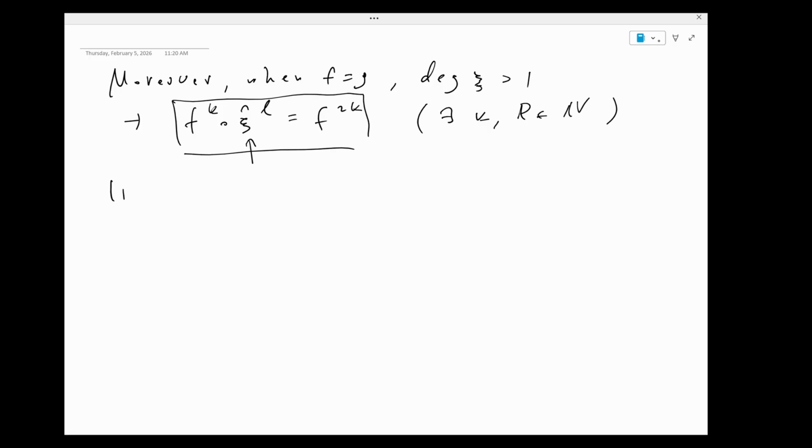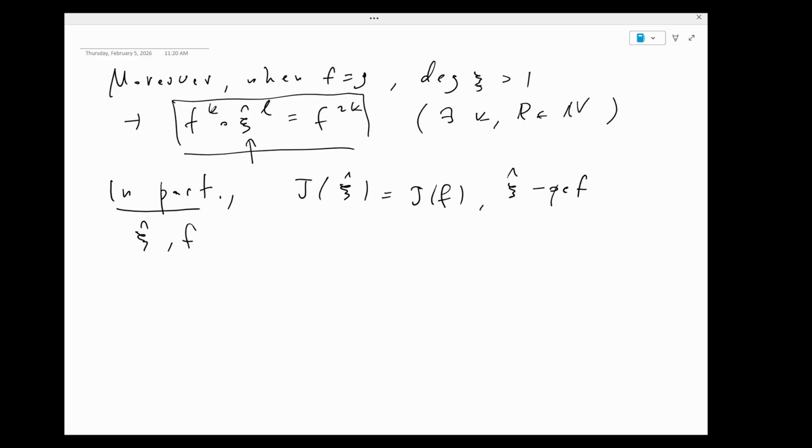In particular, the Julia set of C hat is exactly the same as the Julia set of f. C hat is also postcritically finite. And they share the same measure of maximal entropy.